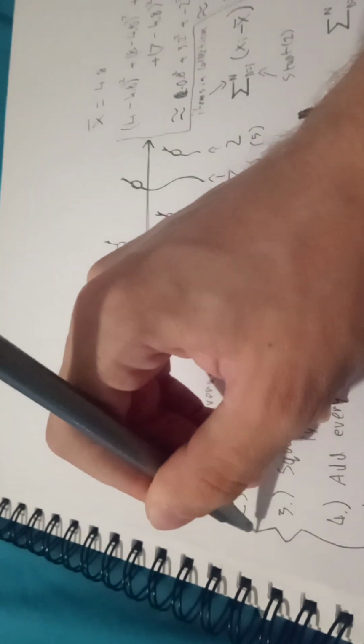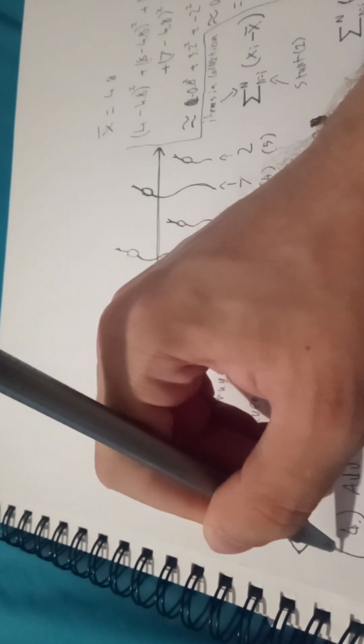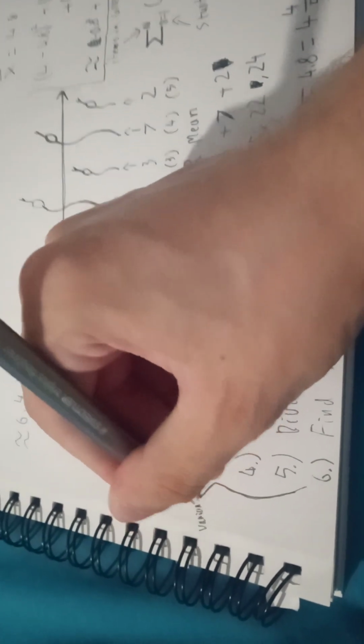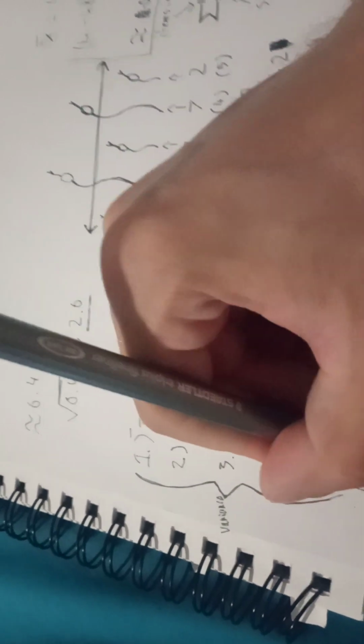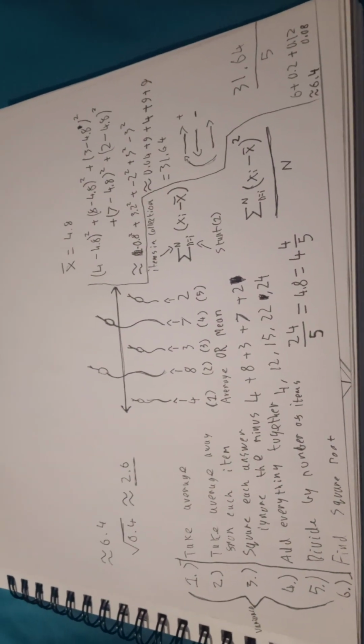Now something you should know is the standard deviation is just the variance before you square root it. That's all they are. Okay, so this gives you the variance, and this whole thing over here is the standard deviation. It's literally just the extra 6th step for the standard deviation, and that's it. That's the whole process for calculating a standard deviation and variance.